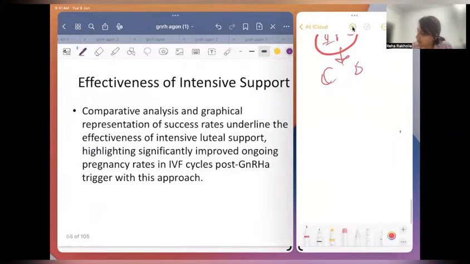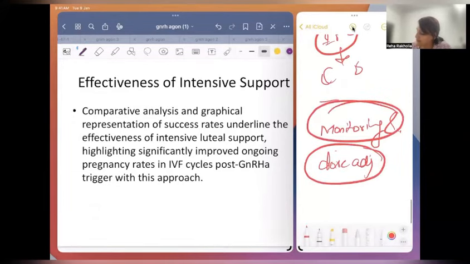Then monitoring and dose adjustment is important. It means there should be a personalized approach.